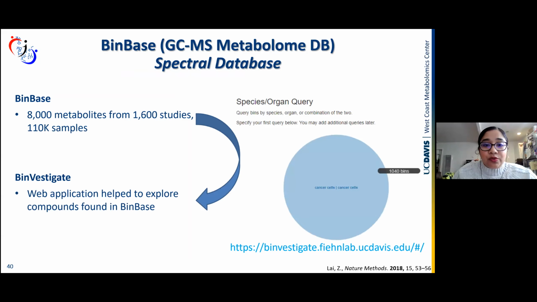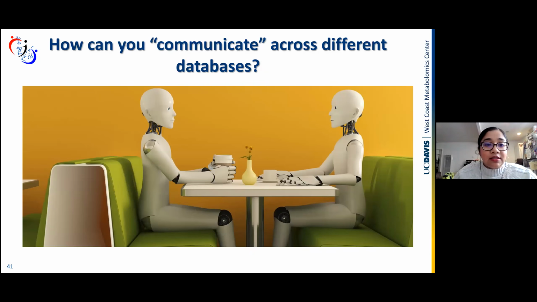It's a really cool tool that allows you to look for GC-MS spectra based on specific species or organs. For example, here I looked for cancer cells and found that there are more than 1,000 bins, or 1,000 spectra, that might be found in cancer cells. So it's really cool. If you have an unknown spectrum, you can search it in BinVestigate.